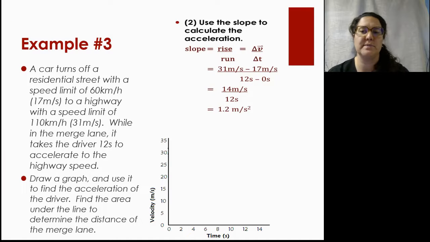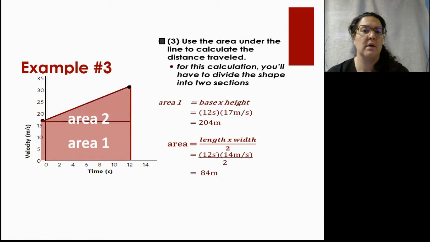So we're going to use the slope to calculate acceleration. So rise is going to be 31 minus 17 meters per second divided by 12 seconds gives us a total acceleration of 1.2 meters per second squared. Now we're going to look at the area under the lines to calculate the distance traveled.